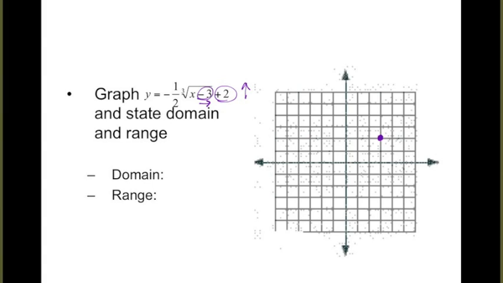Then we want to create our chart for the stuff we haven't used yet. -1/2 cube root of x. The x's we use are -8, -1, 1, and 8.